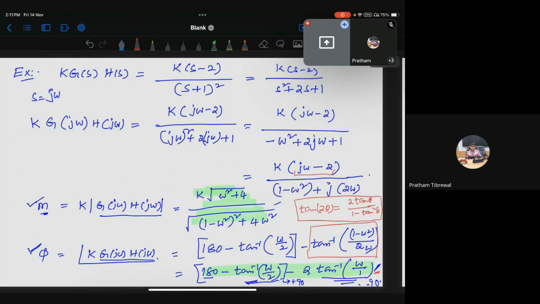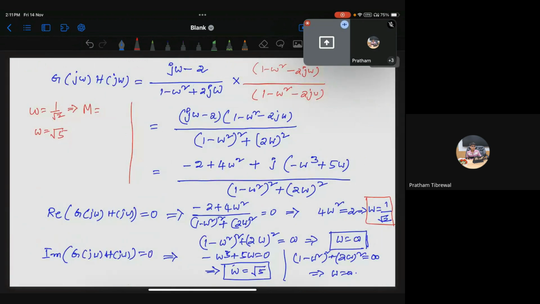You will get M as root 2k. Similarly here, you will get M as k by 2. Is this clear? Any queries?